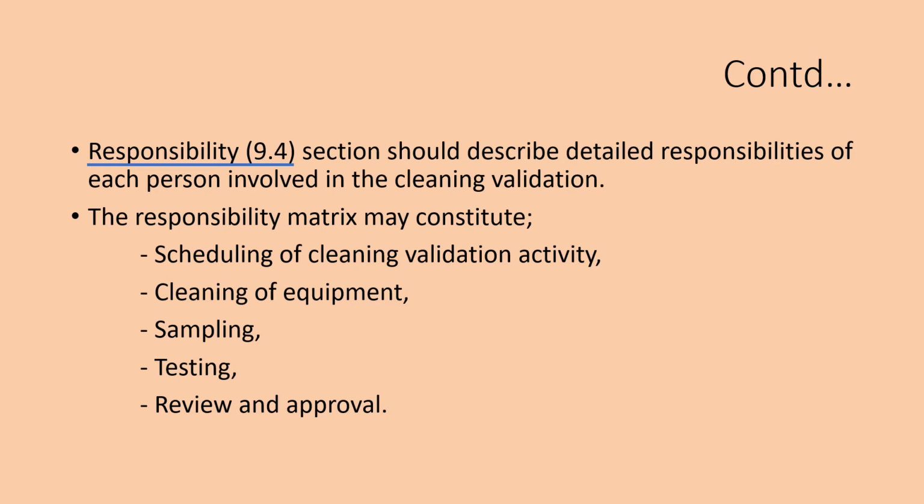Cleaning of equipment may be the responsibility of the shop floor operator, but it is the responsibility of the supervisor to ensure that the equipment is cleaned adequately and checked visually. This type of clarity should be captured in the responsibility matrix.